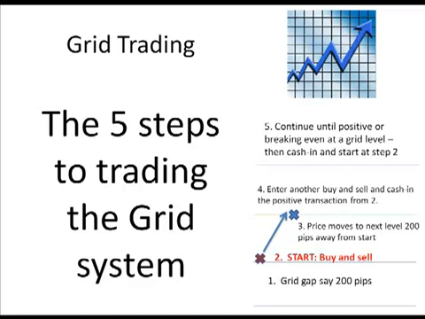Then continue until all the transactions that you have entered into are positive or breaking even at a grid level. Once that happens, you cash it all in and you start all over again. It'll start making sense once we go through a couple of examples, but that in essence is the recipe to trade the grid system.